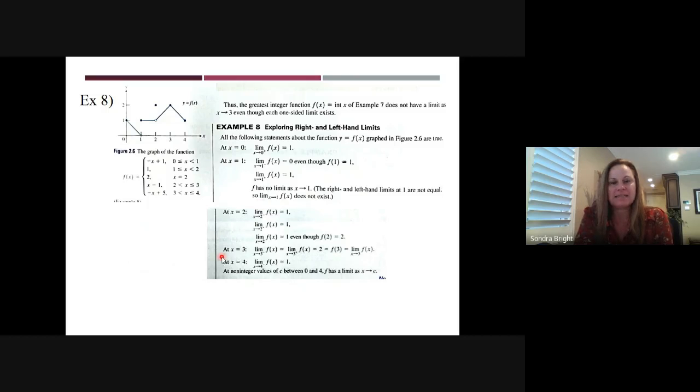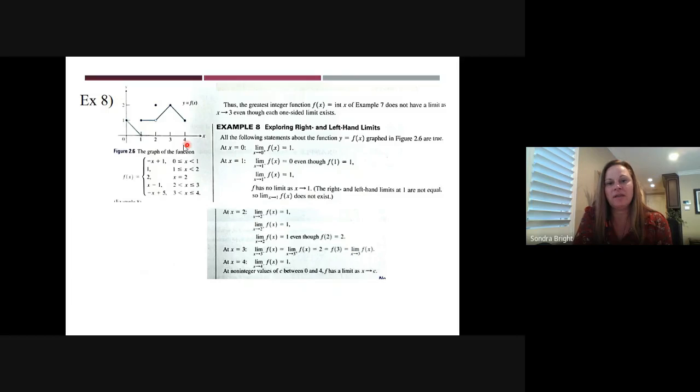All right, at x equals 3, that's here, right? So from the left, your y value is approaching 2. From the right, as x is approaching 3 from the right, your y value is also 2. And f of 3, there's a closed dot right there, so it's also 2. So here's one where left hand, right hand, they match, limit exists, and it actually matches the function's value there.